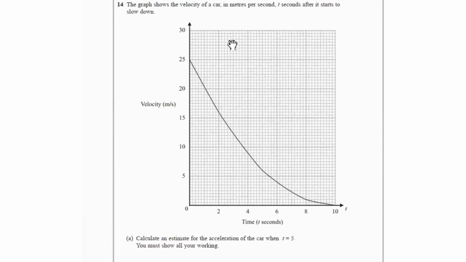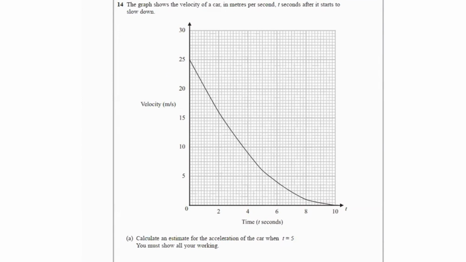Question 14 says the diagram shows the velocity of a car in meters per second, t seconds after it starts to slow down. Calculate an estimate for the acceleration of the car when t equals 5. You must show all your working. So for a velocity time graph, the gradient would be acceleration.